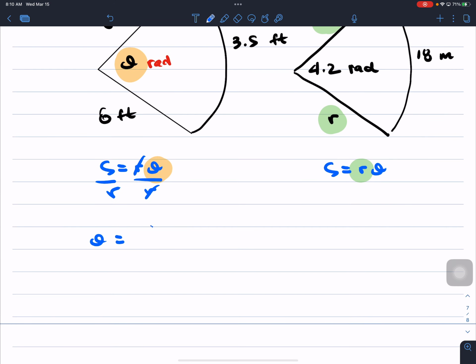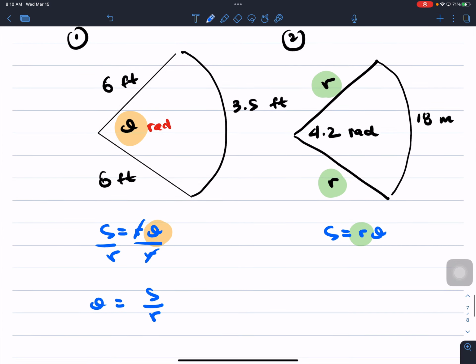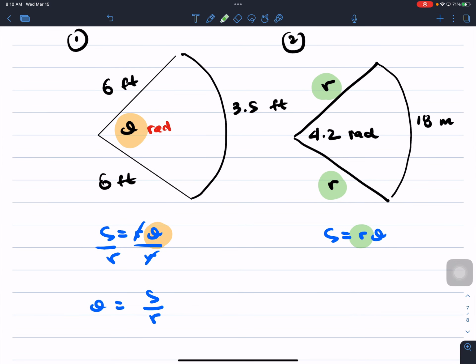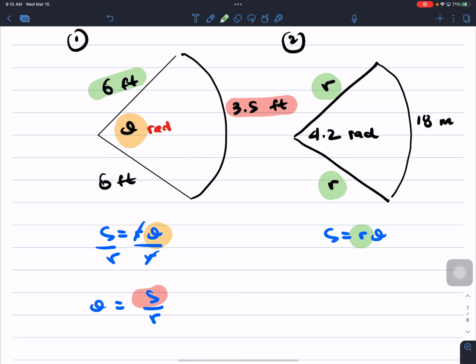Theta is what? S over R. Is that true? So what is S? Isn't this your arc length over here? 3.5 feet? Okay, so this is going to be 3.5 feet, and then this is your radius, right? So that's 6 feet.